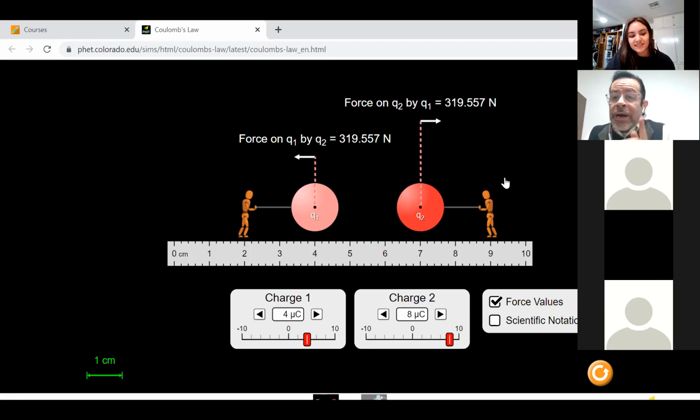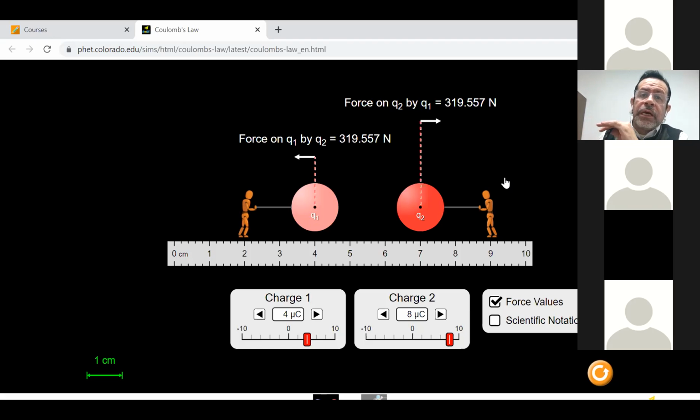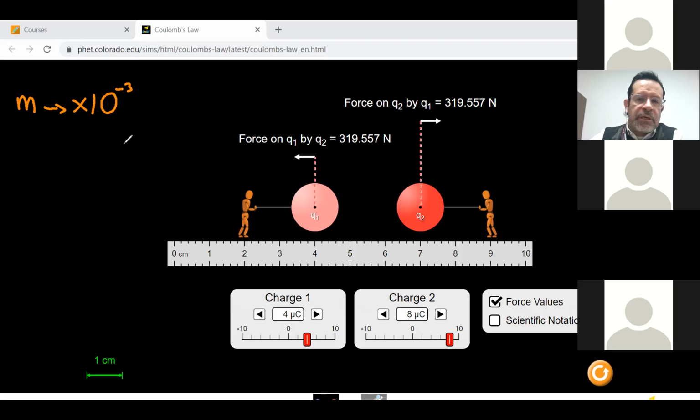Thank you, Estrella. When we're talking about micro, and by the way, let's do a refresher on this because it's important. When we're talking about milli, it's times 10 to the how much? To the thousandths, which would be -3. Centi is times 10 to the minus 2.